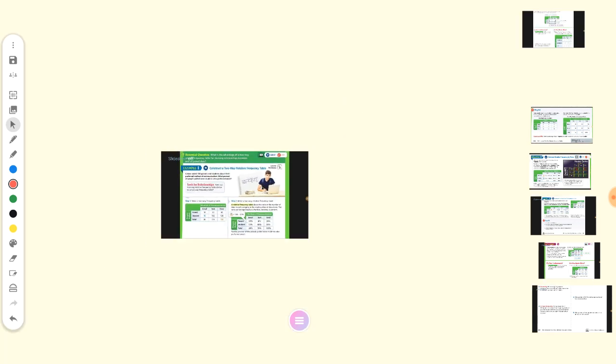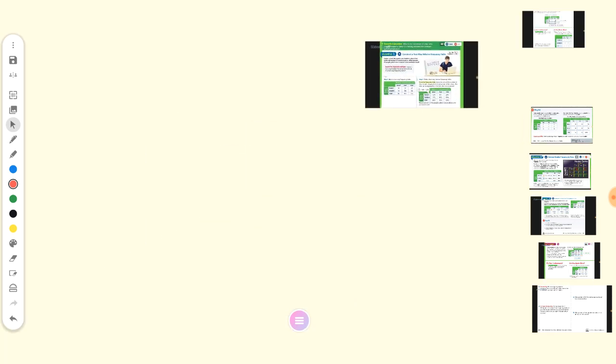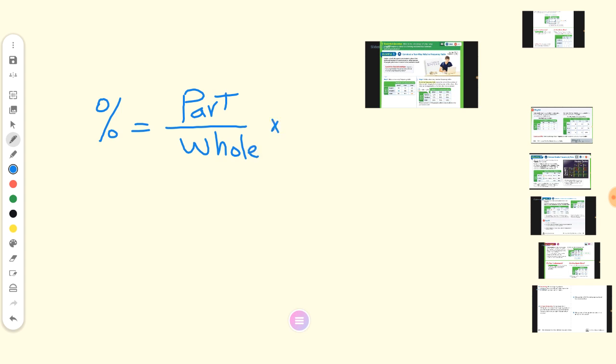I have a general form for converting any number to a percent. So percent equals part over whole, multiplied by 100. This is how to find the percent of any number.